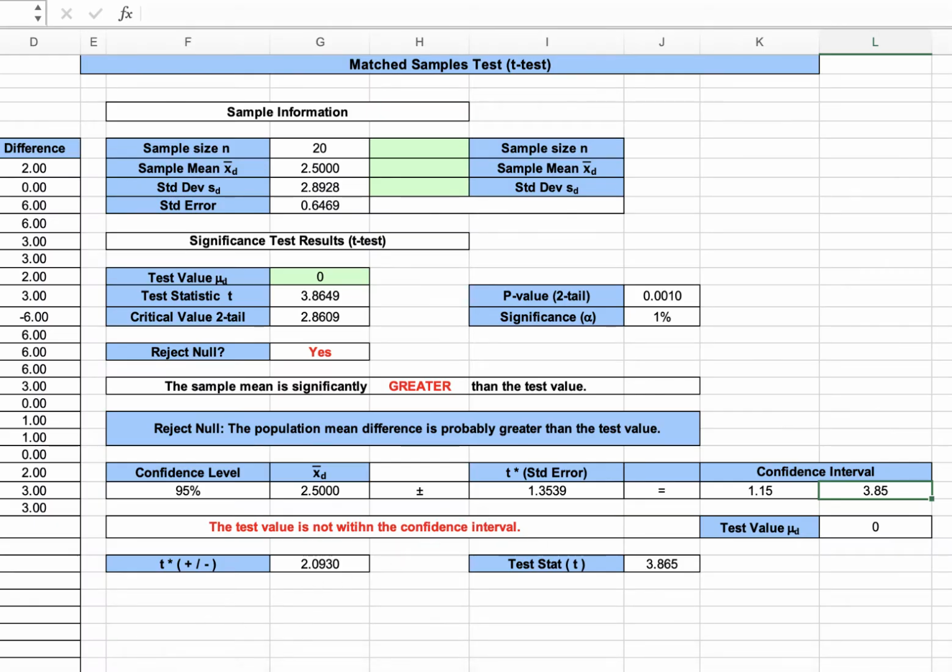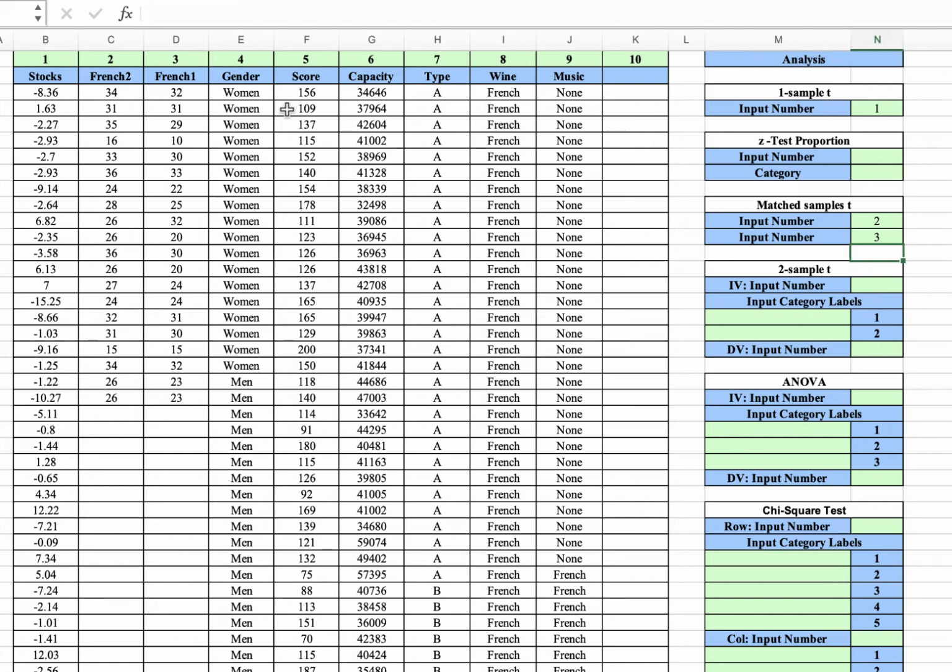So this one, our data are in columns 4 and 5. And this one, of course, would be a 2-sample t because we're comparing two groups of a quantitative variable.